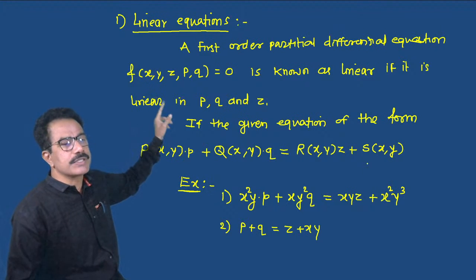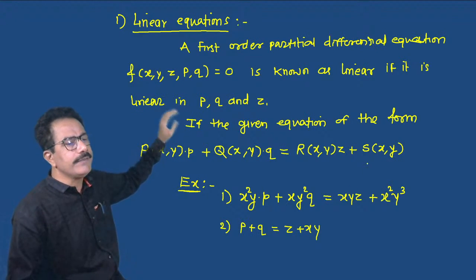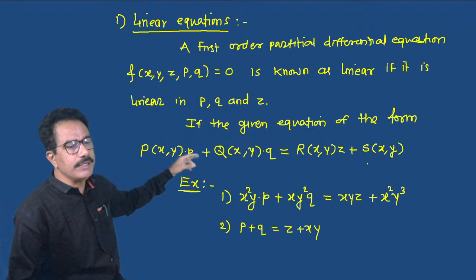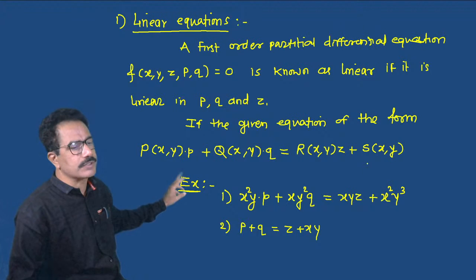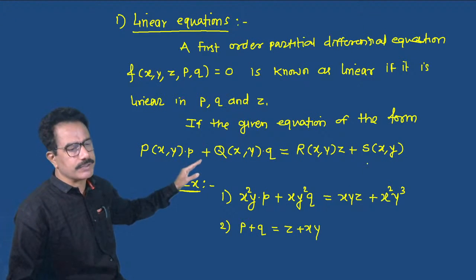That means the first order partial differential equation f of x comma y comma z comma p comma q equals 0 is known as linear if it is linear in p, q and z. If the given equation is of the form P of x comma y into p plus Q of x comma y into q equals r of x comma y into z plus s of x comma y.